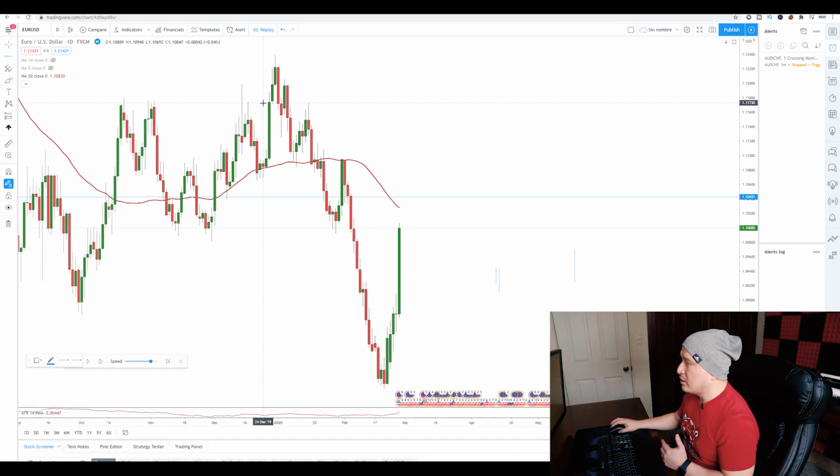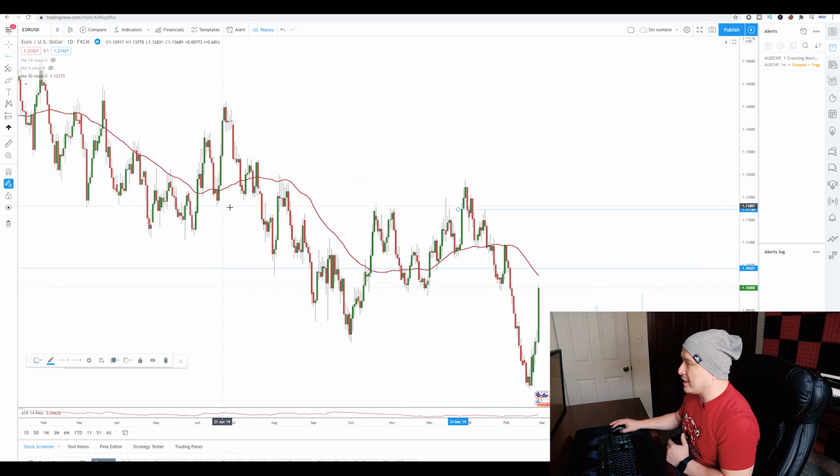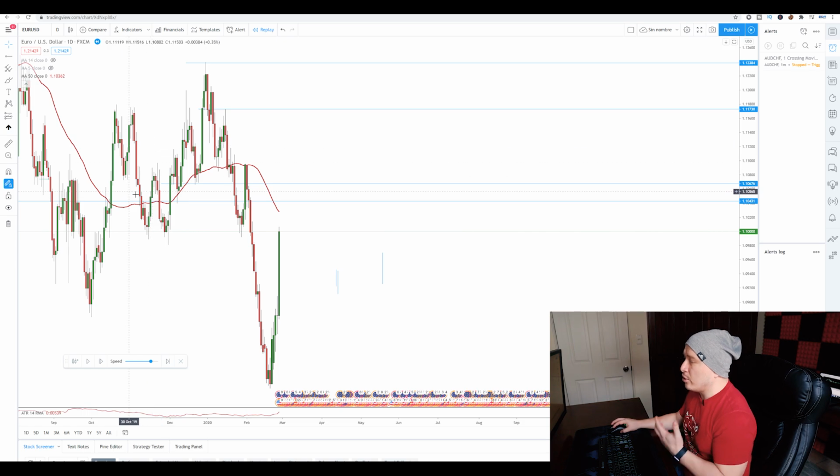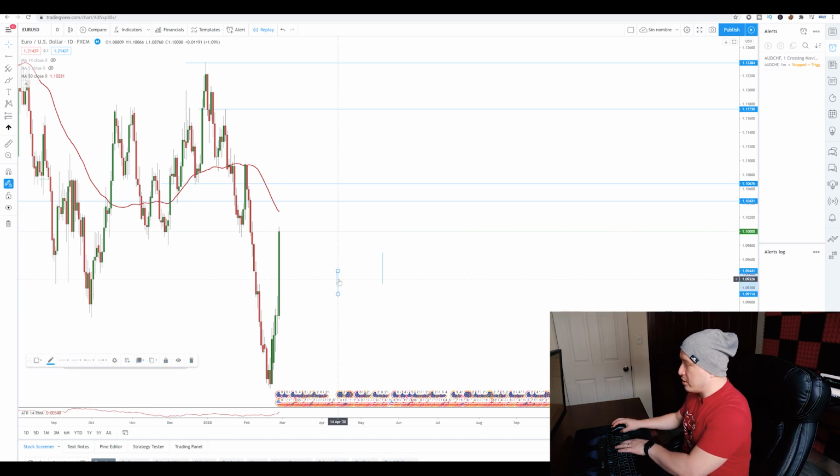This one right here looks like a resistance level that has been respected before. Maybe this one at this area. And I would say this one right here is also a good resistance line. Why is it that we identify that? Because those are the ones that we're going to be focusing on when we actually start our trades.